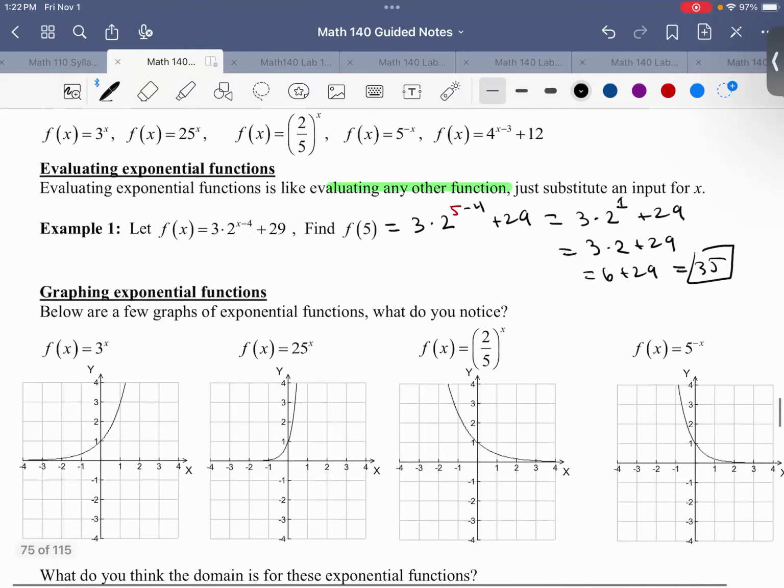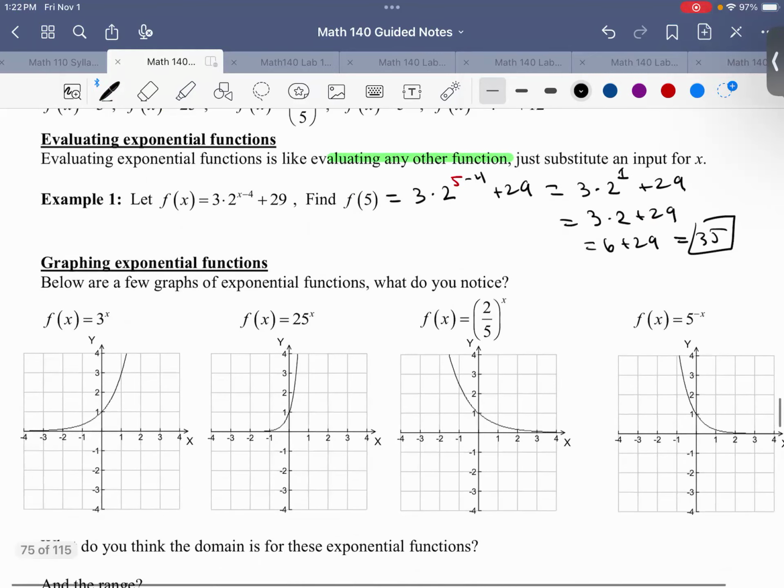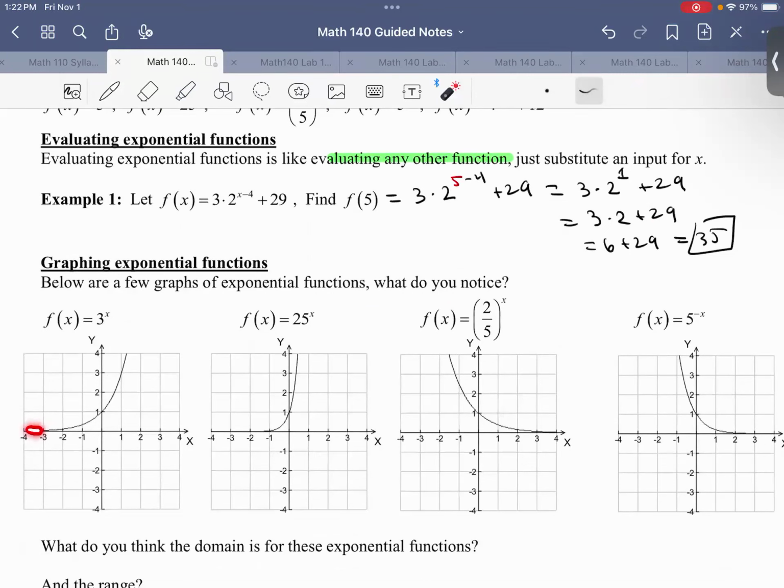Let's go ahead and check out some graphs of exponential functions. So in this case, we have 3 to the x, and the function will look like this on the graph. Here's 25 to the x, the function would look similar. One thing I want to really make sure is that we can see that tail on the left side.